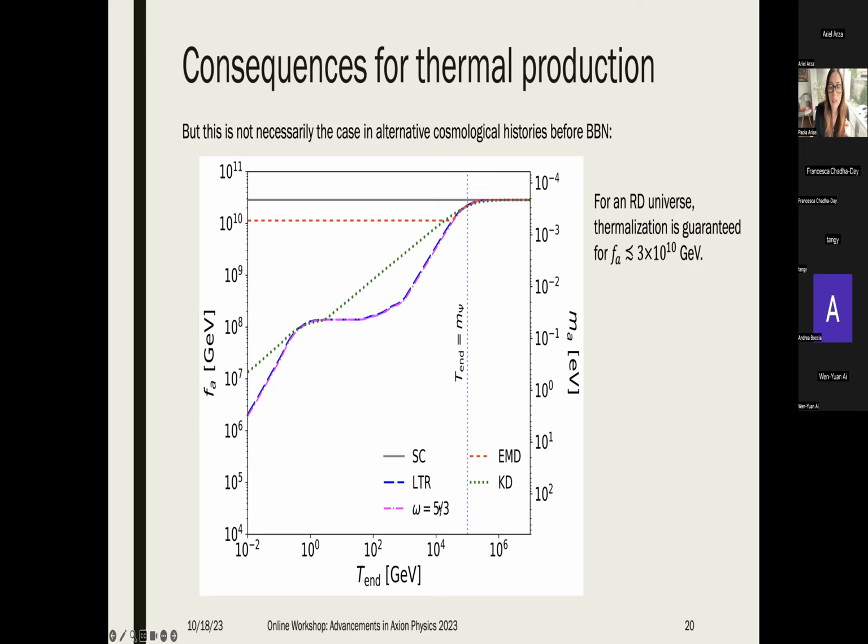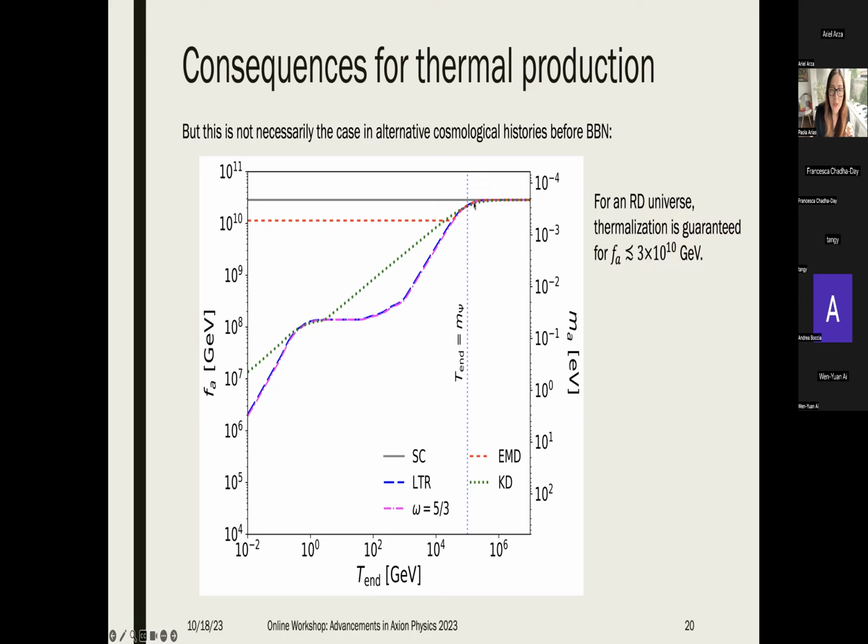For completeness, I included this; I will show you later why. So if you assume that the mass of this heavy fermion is around 10^5 GeV, the axion in a radiation-dominated period fully thermalizes for fa smaller than this number. But it's not the case in, for instance, low-temperature reheating.